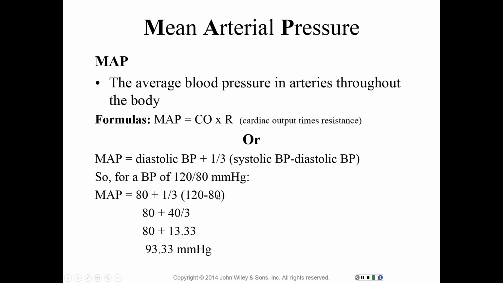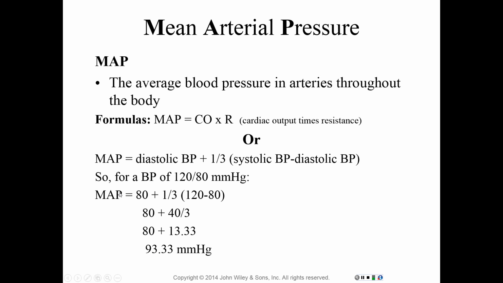That's 120 minus 80, which equals 40. Here I've converted it: you have 80 plus 40 divided by 3. 40 divided by 3 is 13.33, and then the 80 just carries down, so our mean arterial pressure is 93.33. So that's how it's calculated.